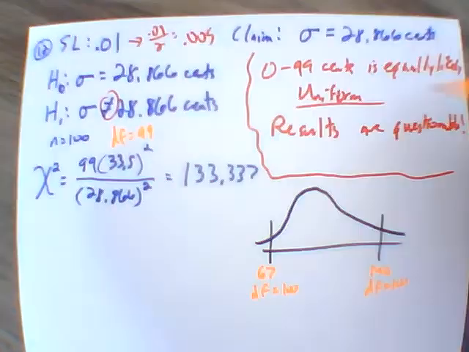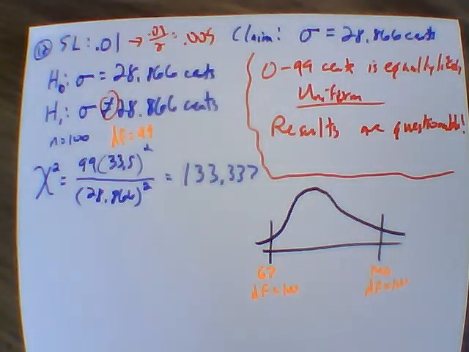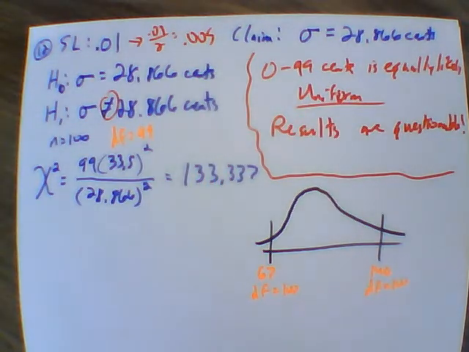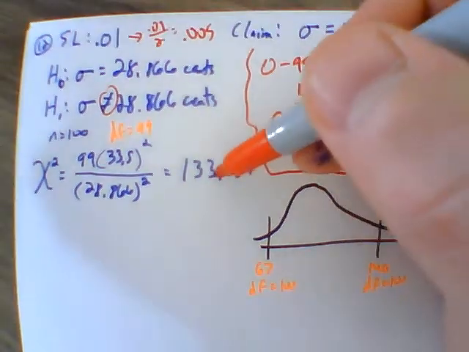It's something to be careful of, because we don't have the technology that we need at this point for this test, so we have to figure out some assumptions. Our value is 133 point something.